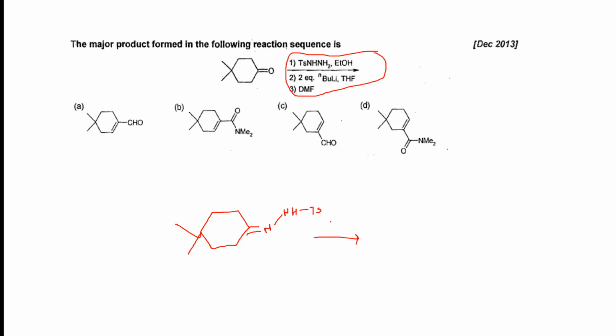In presence of 2 equivalents of butyl lithium, one proton from there and one proton from here will be removed.